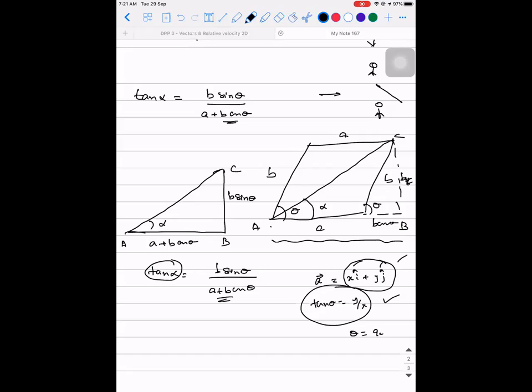Theta is 90 degrees. When you substitute theta equal to 90 degrees here, okay, I will put it like this. This is tan alpha, where alpha is the direction. So if you put theta equal to 90 degrees here, you will get B divided by A. Are you able to understand? So that is the reason why I told it is similar to y by x. I hope it is clear till this step. Right? Any doubt? No, sir. Okay.